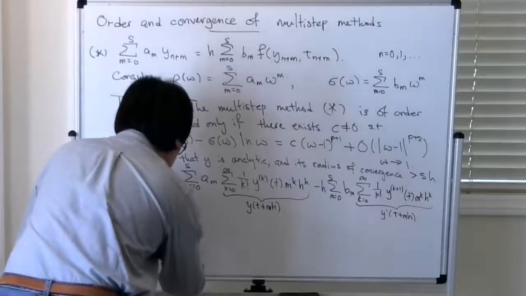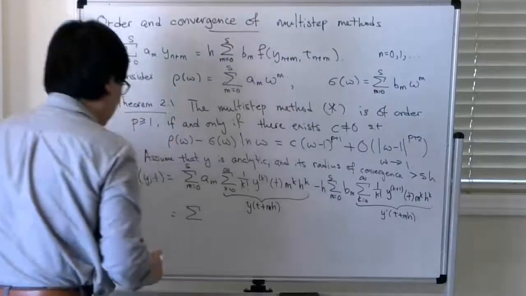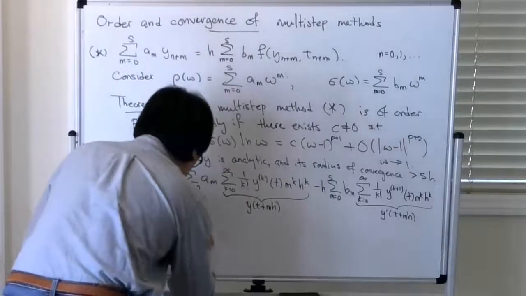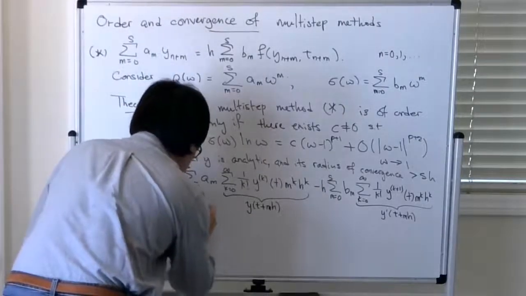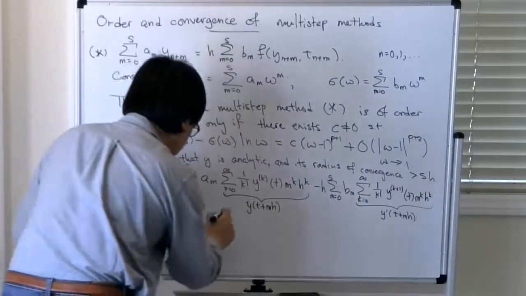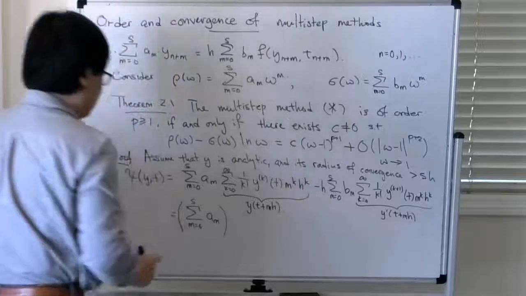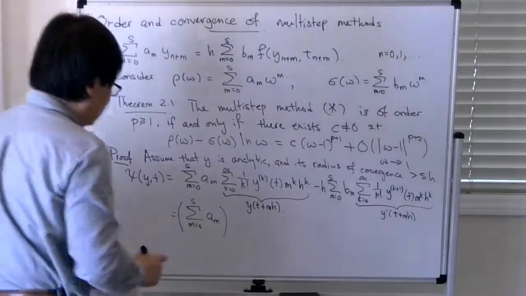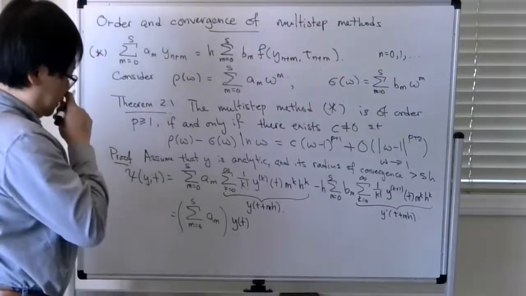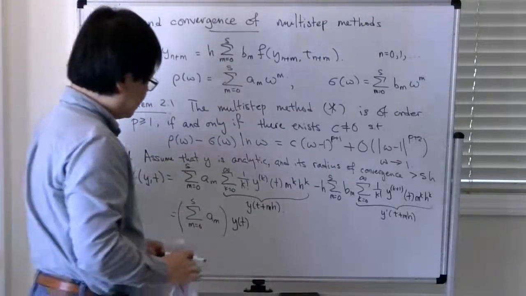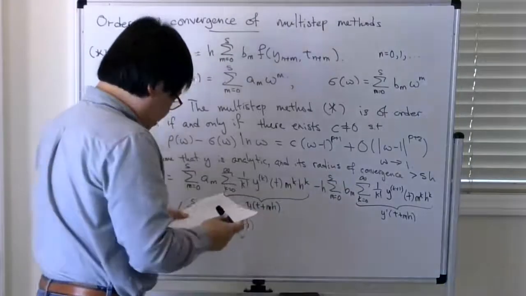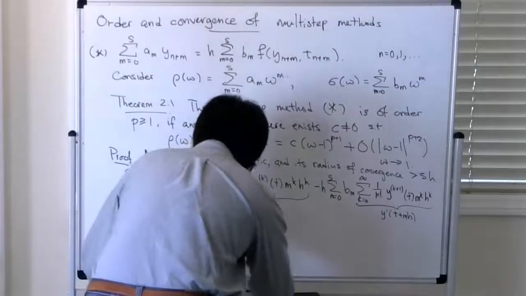So this is going to be the sum from m equals 0 to s of a_m, and this involves y at time t. The remaining terms, in higher powers of h, will involve both the a_m and the b_m. Let's write that down.